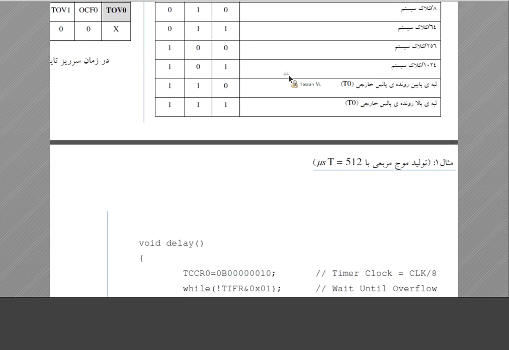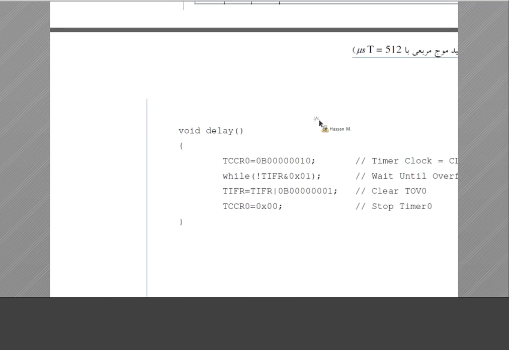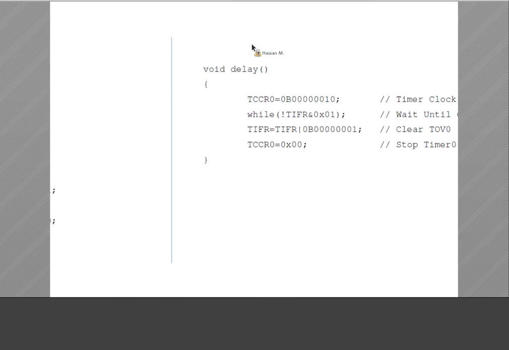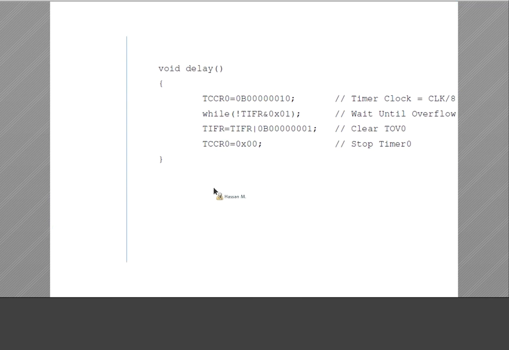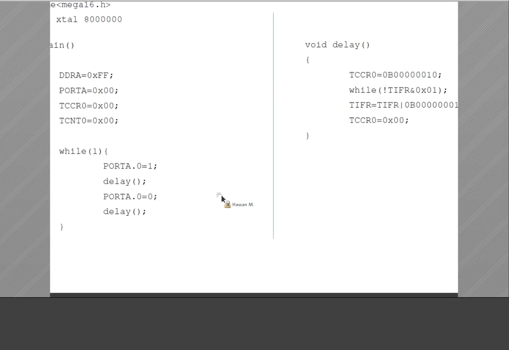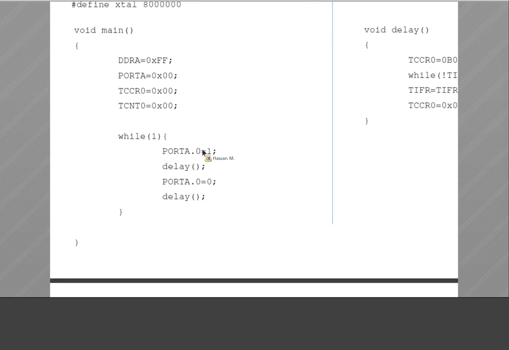That's right. We see this delay function. This delay function is producing 256 microseconds. Okay. In the main function, port A.0 is 1. Then using delay means wait for 256 microseconds. Then port A.0 is 0.